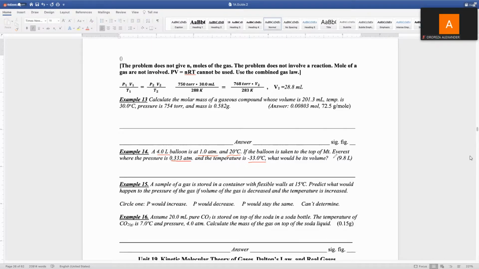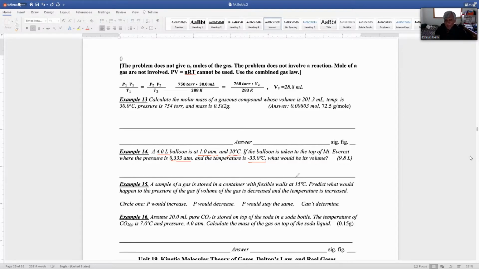No. That means which law? Combined gas law. PV equals nRT has moles in it. If moles are not mentioned, that means they are constant. And that's what it means, a balloon. In a balloon, moles are constant. We are not taking air in or putting air out.